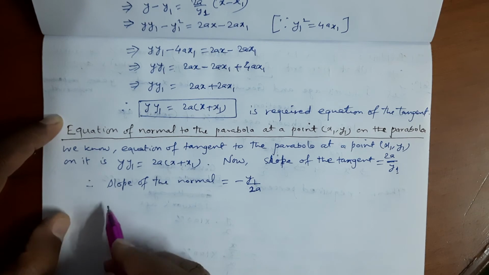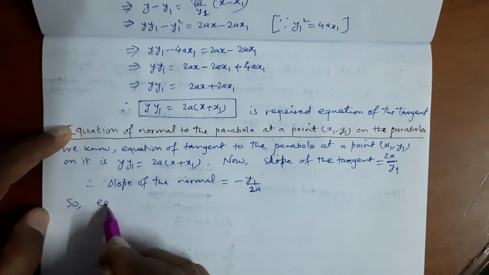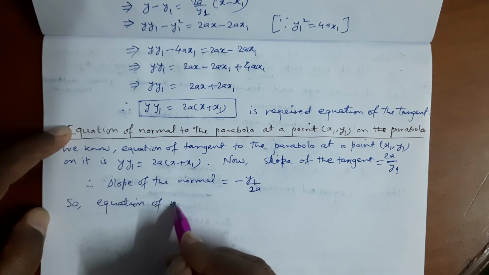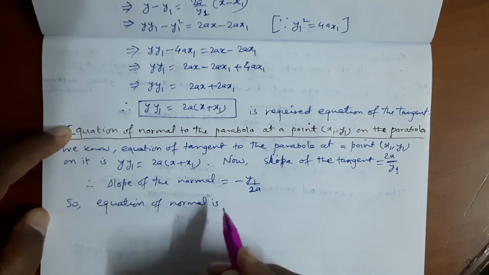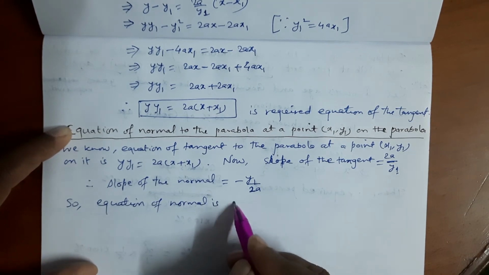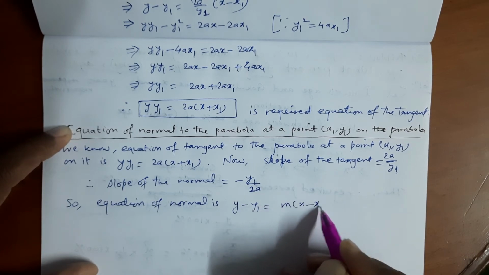And so the equation of the normal is, we use the point slope form, that is y minus y1 equals m times x minus x1.